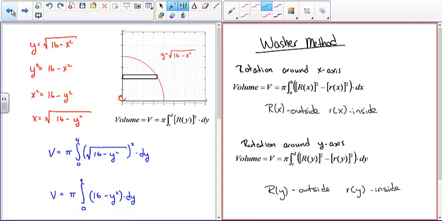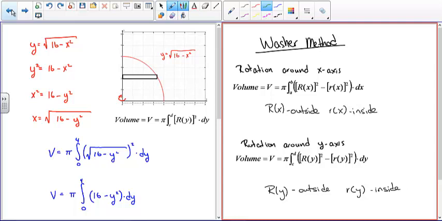What you can think of is you've got this arc, which is defined by the function y equals the square root of 16 minus x squared. So that's the explicit version of the circle. It's the top part of the circle. You'd have to have minus the square root of 16 minus x squared to have the bottom half of the circle. So what you do is you rotate that around either the x or y, it doesn't matter, and that'll give you half of a sphere.